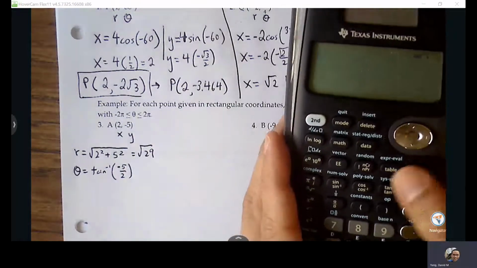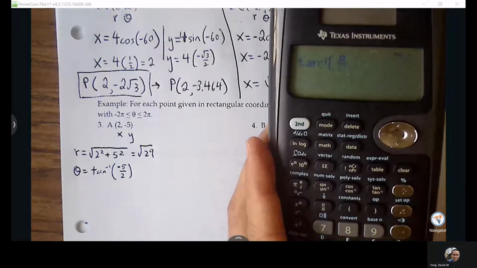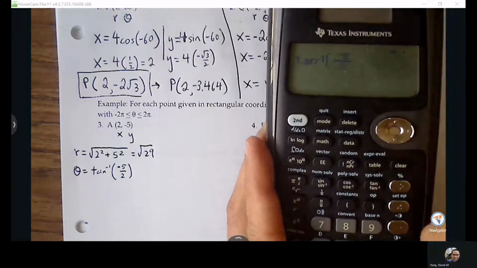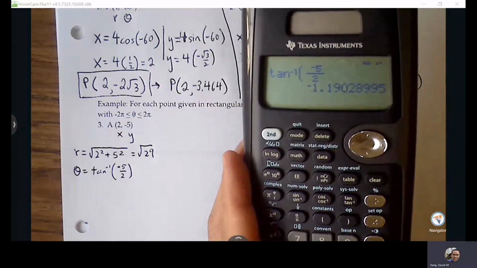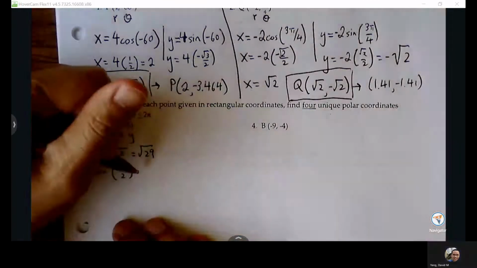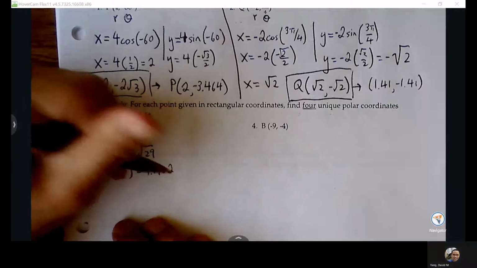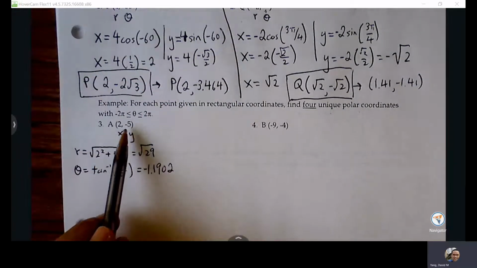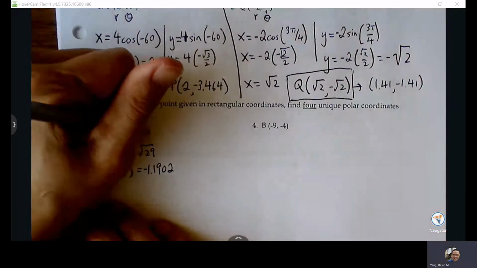Inverse tangent, negative 5/2, negative 1.19. Now, 2, negative 5, which quadrant is that in? Fourth quadrant.